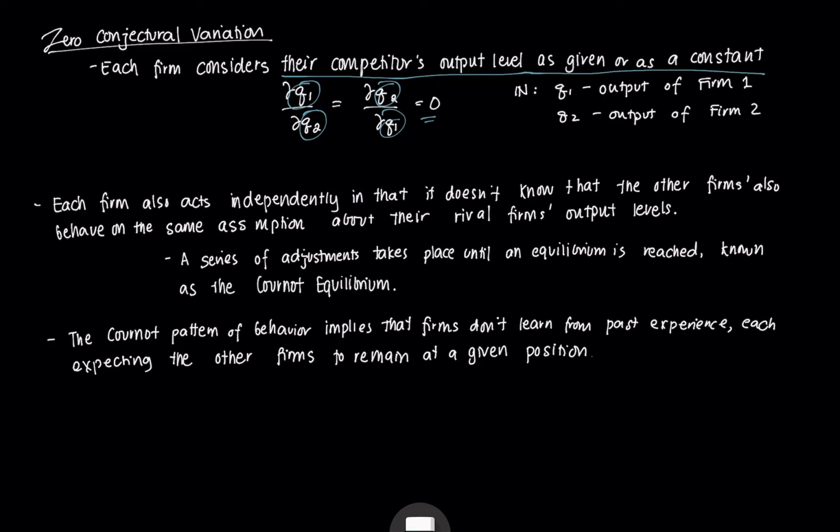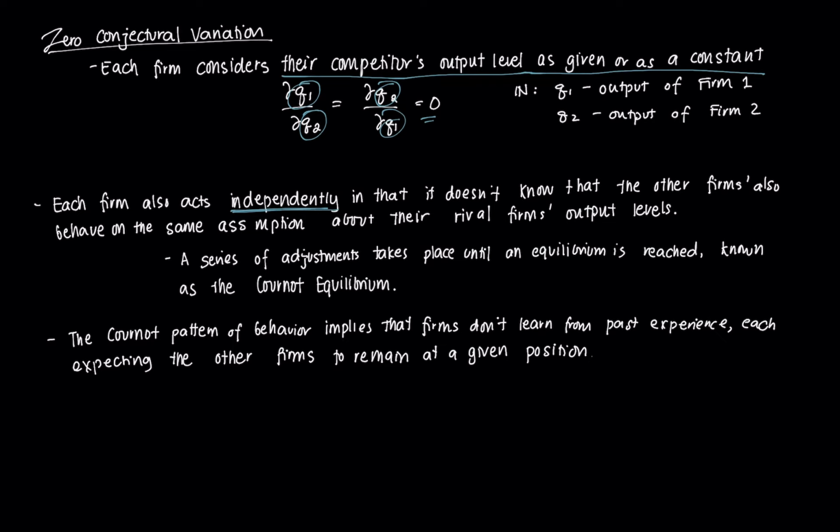So they take it as given. We also further assume that in this basic case, the firms act independently. They cannot just collude and divide the profits as if they were acting like a monopolist, which would be the best case for them. So they act independently without communicating, colluding, or anything. Since they act independently, it means that each firm doesn't know and never learns that the other firm also behaves on the same assumption.